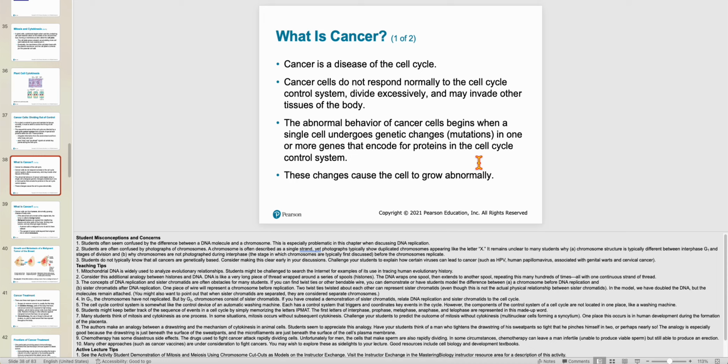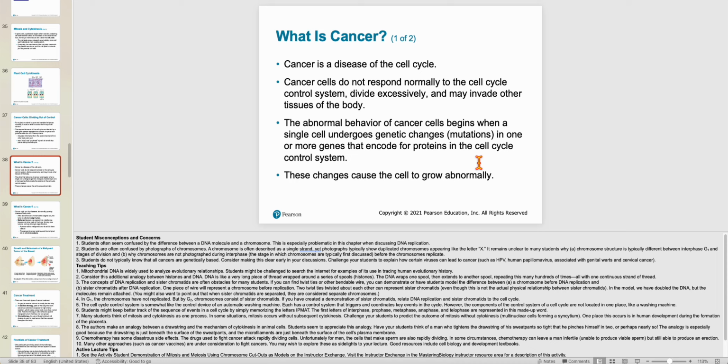Now keep in mind, a mutation is typically a permanent change, because we have a lot of mechanisms that go around and do spell checking, for example, to make sure all the letters of A, T, G, C on that gene, on that DNA are correct.